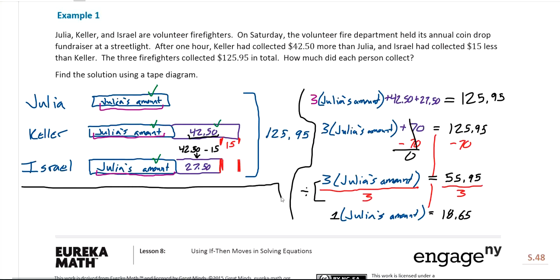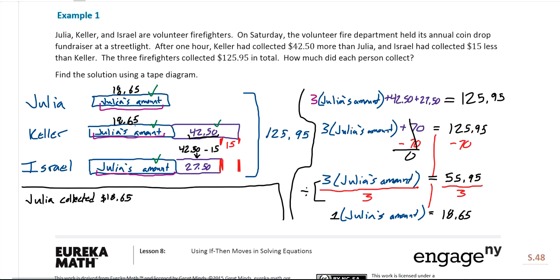Let's summarize all this down here. So we'll say Julia collected, put my money sign, $18.65. That means Keller collected Julia's amount and $42.50.